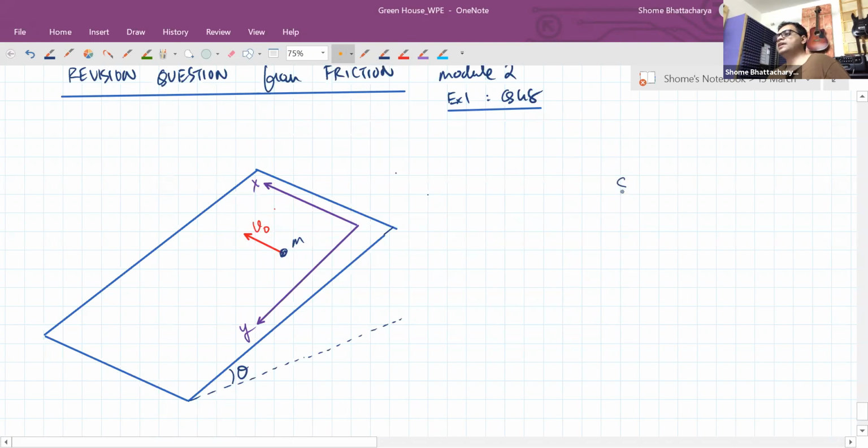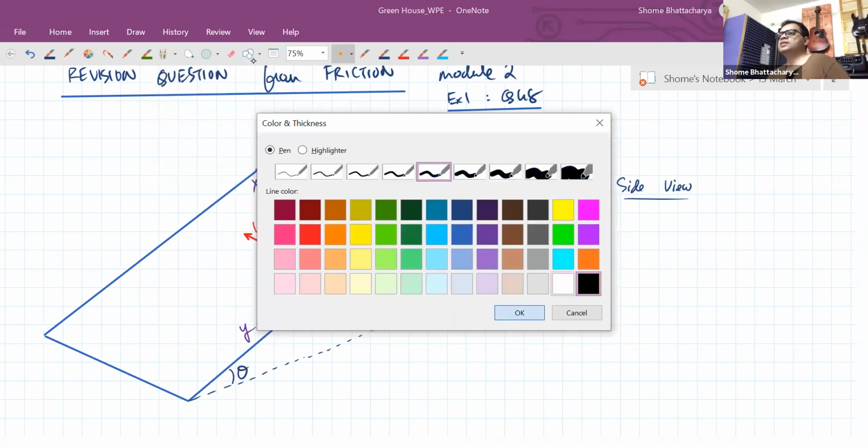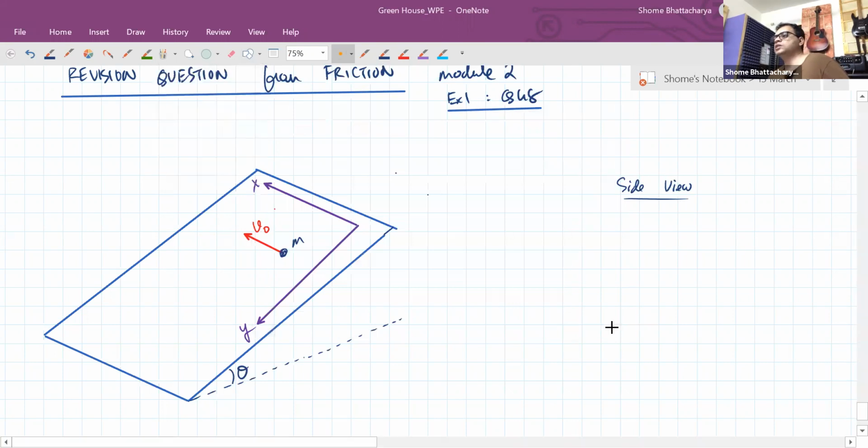If we see the side view, what we'll be seeing is the inclined surface from the side, like this. In that view, we can see that this will be our y-axis, and x-axis is going into the plane.